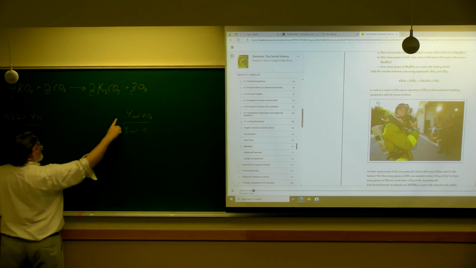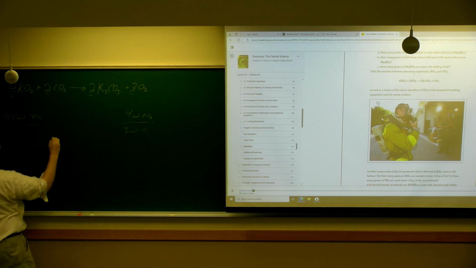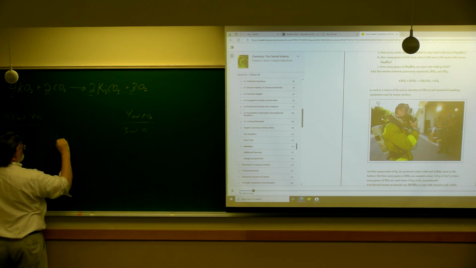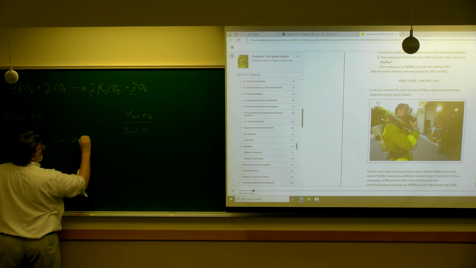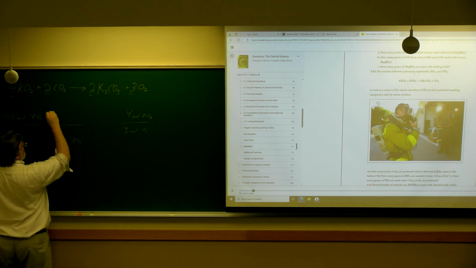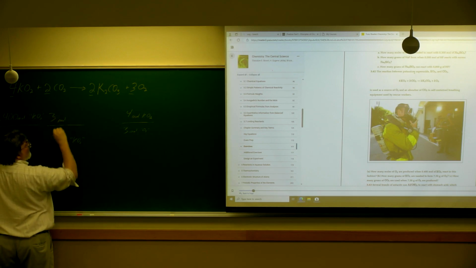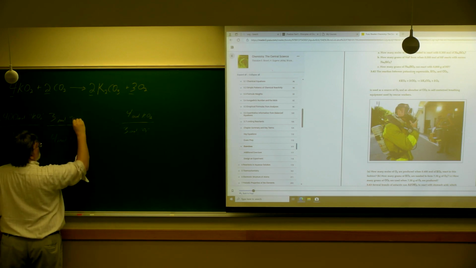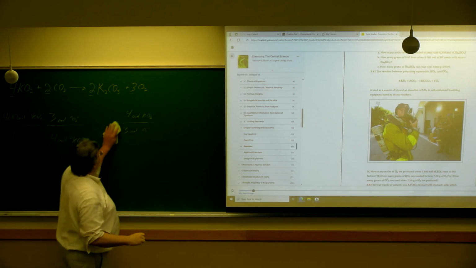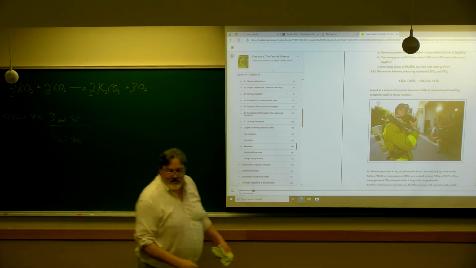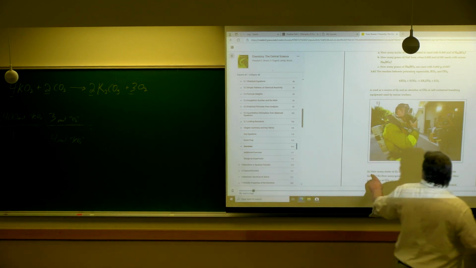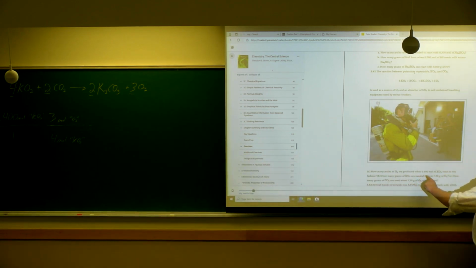I'm going to put this on the bottom because KO2 is up here. And that'll do it. That'll tell you how many moles of O2. How many moles of O2 are produced when 0.400 moles of KO2 react? That's how you do it.